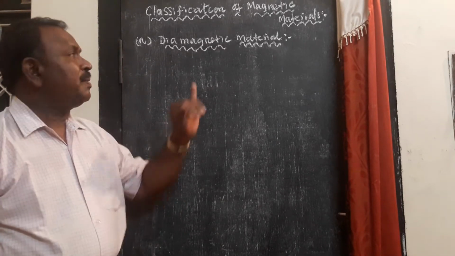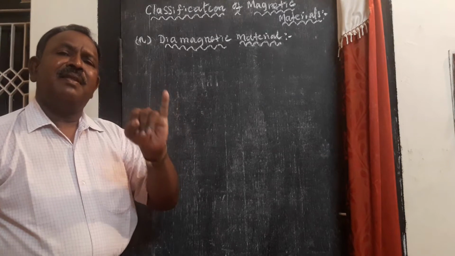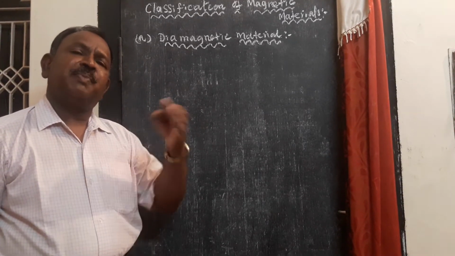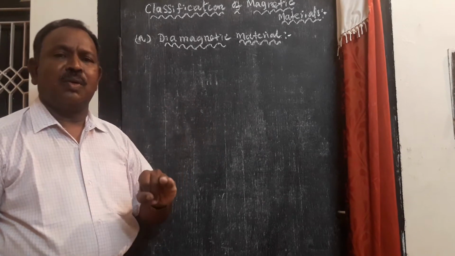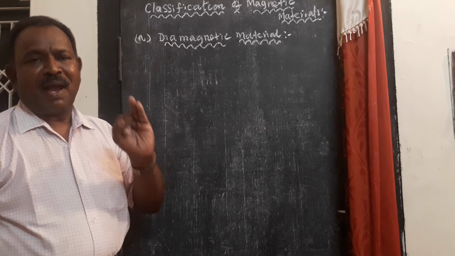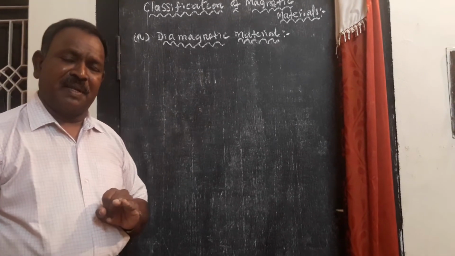So initially the net magnetic moment is 0. When they are kept in a uniform magnetic field, some electrons are sped up and some electrons are slowed. The change in speed of the electrons will produce a magnetic moment opposite to the direction of the external magnetic field.